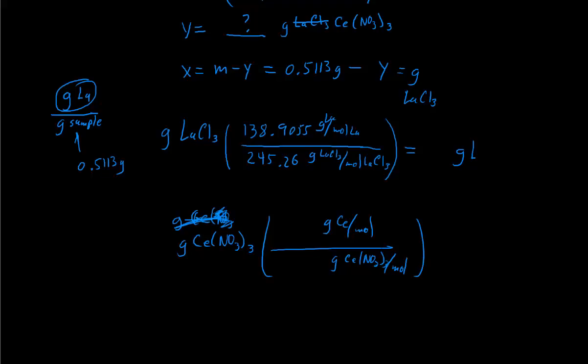So you're just going to compare the molar mass of plain old cerium to the molar mass of cerium nitrate. That'll be the fraction of that total mass that is just due to cerium. And that'll get you your grams of cerium. All right, grams of cerium at the end. And so then you'll be all set to do the final part of the calculation, which is where you plug in the grams of lanthanum and you divide it by the grams of the sample.